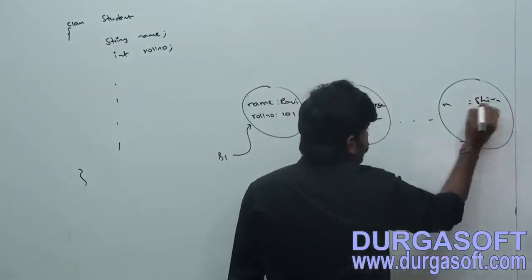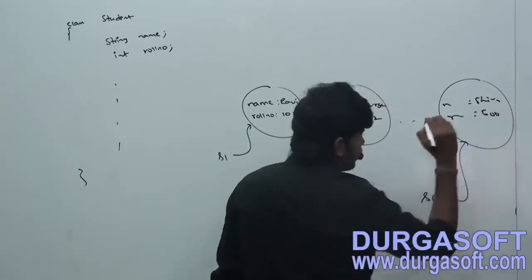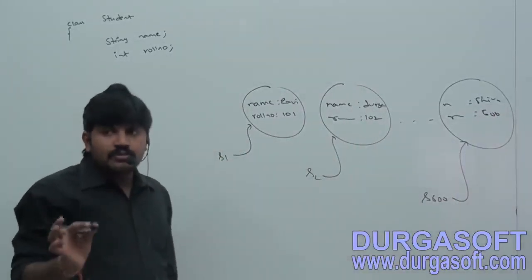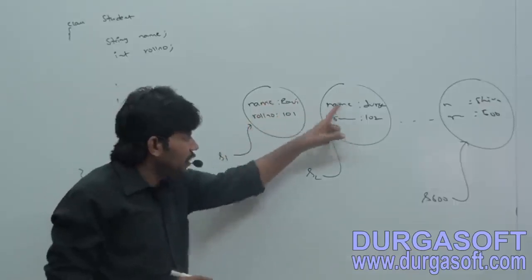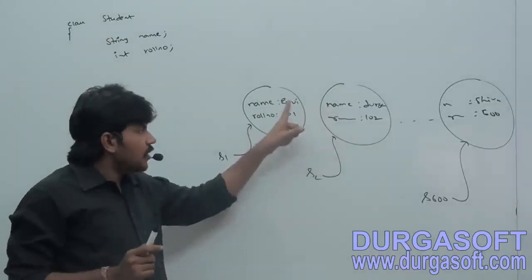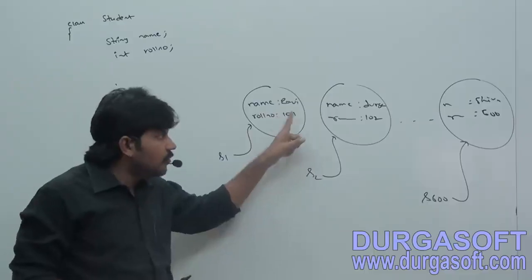Name Shiva, roll number 600, like this I'm taking. Are you getting? Just observe the values of name and roll number: they vary from object to object.